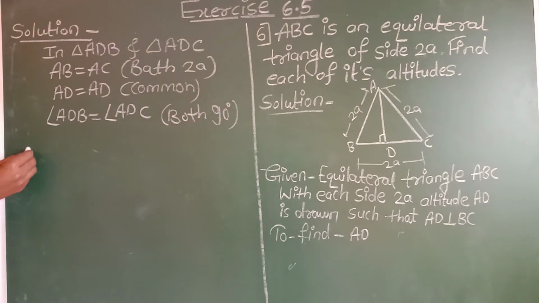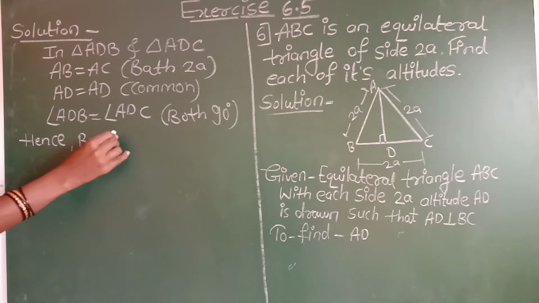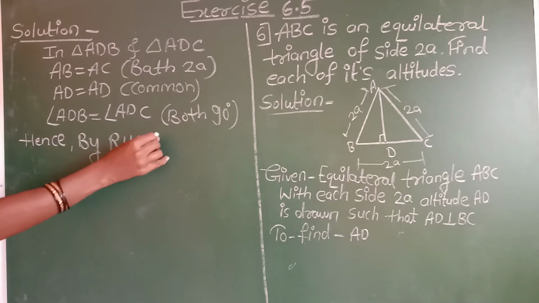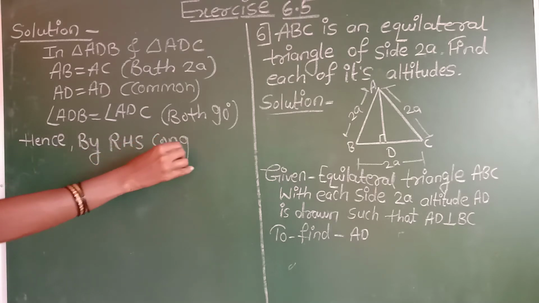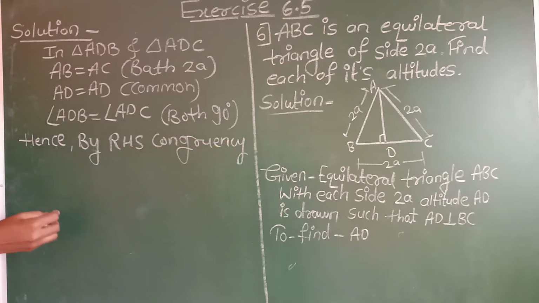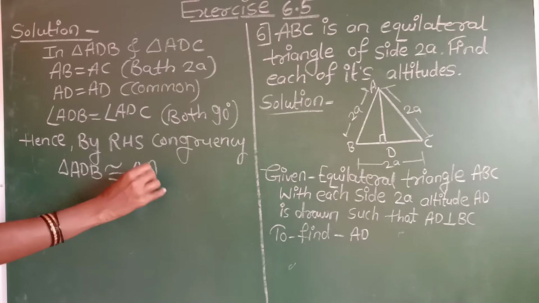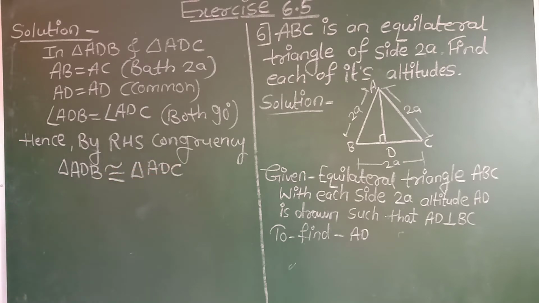Hence we can write, by RHS congruency, triangle ADB is congruent to triangle ADC.